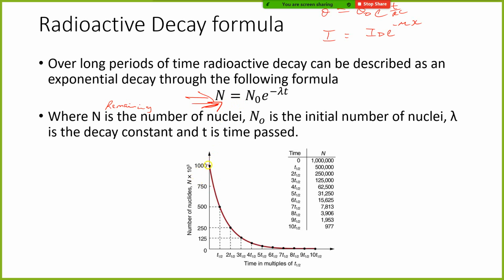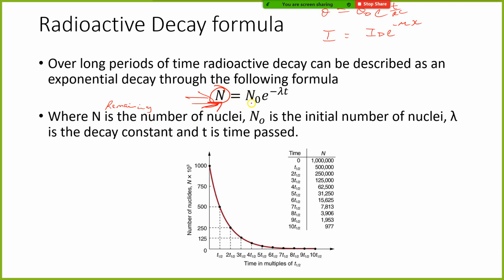And if you were to plot a graph, this is how it would look. It's a discharging or decaying type of graph. N in this case is the number of nuclei that would be remaining. As you can imagine, if you're decaying a substance and time is passing, at the end of that time period you're expecting to have less substance because you're decaying it.